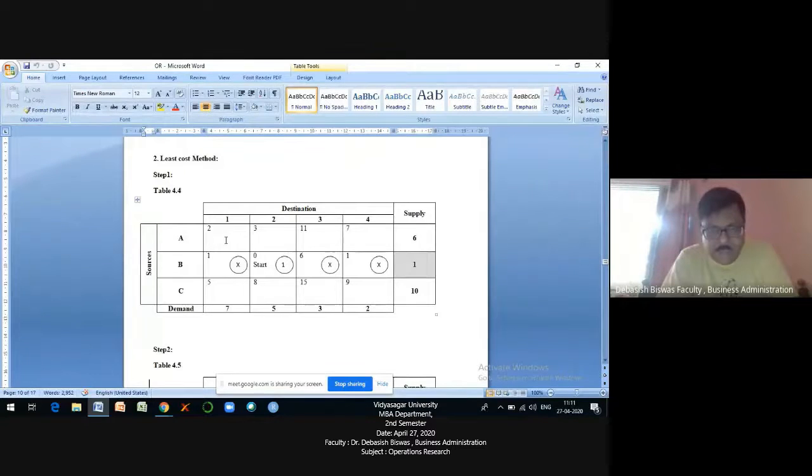How many elements are there? 4, again 4, again 4, so in total there are 12 elements: 2, 3, 11, 7, 1, 0, 6, 1, 5, 8, 15, and 9. These are the elements, or we can say there are 12 boxes.